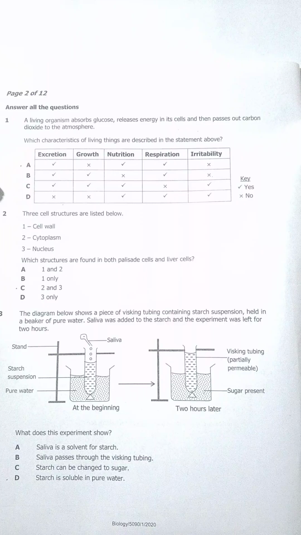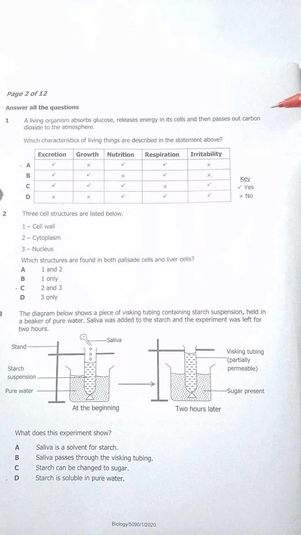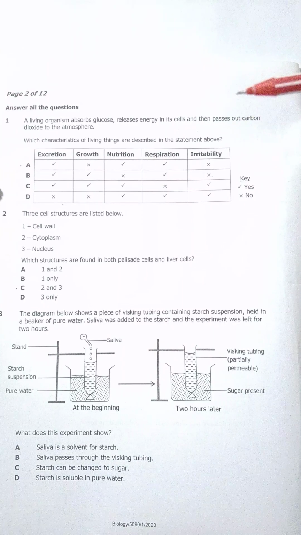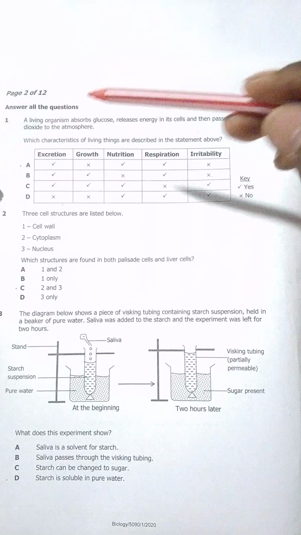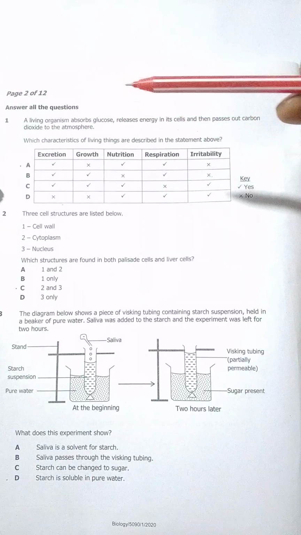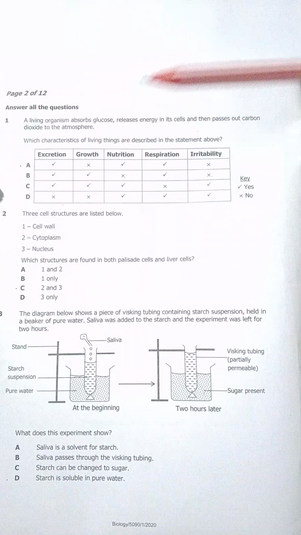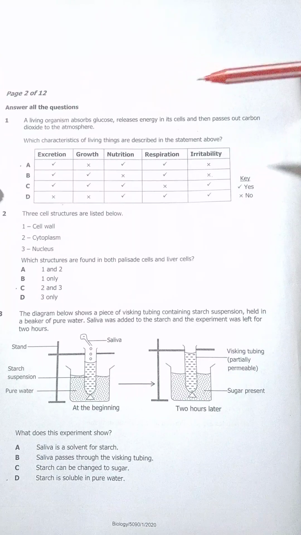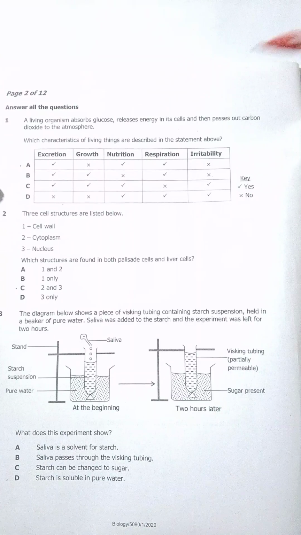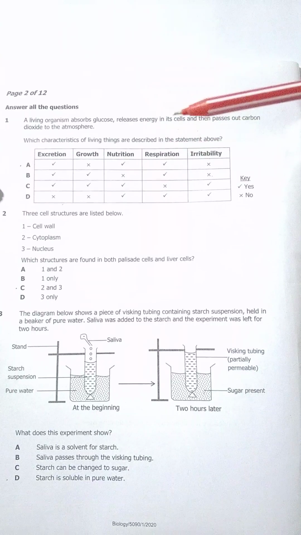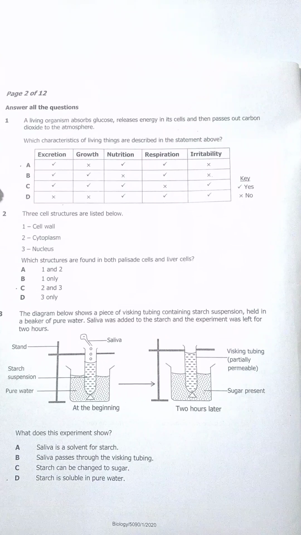So the first question is talking about the characteristics of living organisms. A living organism absorbs glucose, releases energy in its cells, and then passes out carbon dioxide to the atmosphere. Which characteristics of living things are described in the statement above?